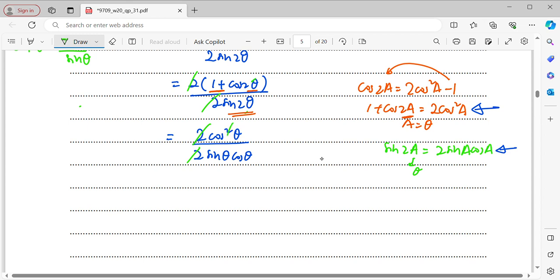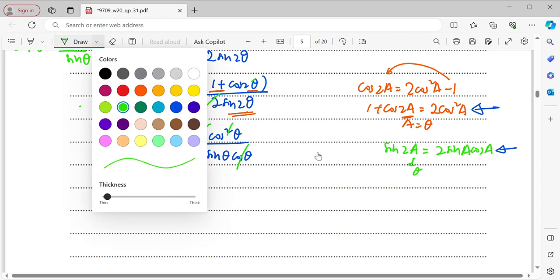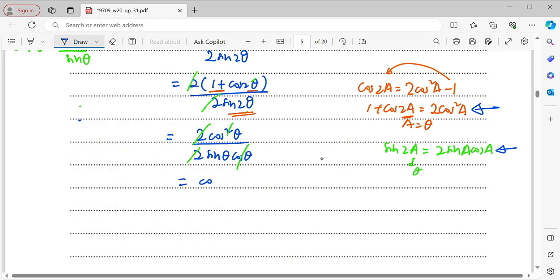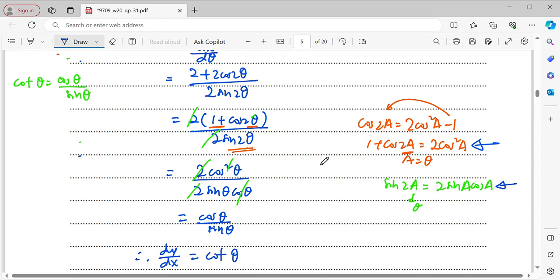The squared from the numerator, I can just cancel one degree with the denominator. That means you will be getting cos theta over sine theta. So therefore, this is cot theta. Okay, so this is the solution for dy/dx.